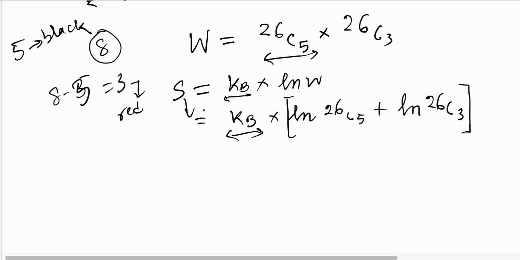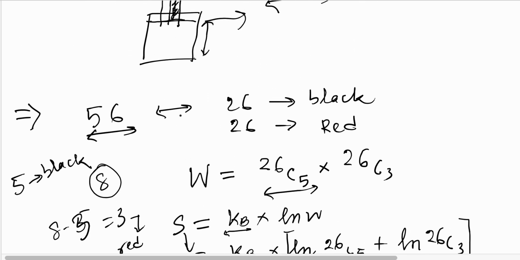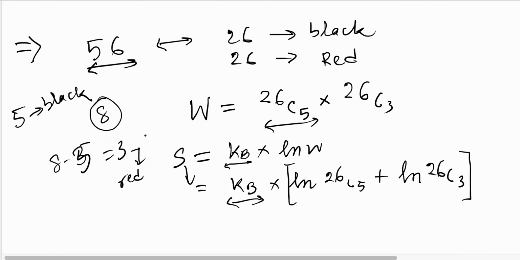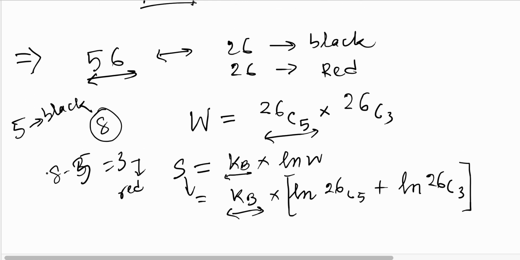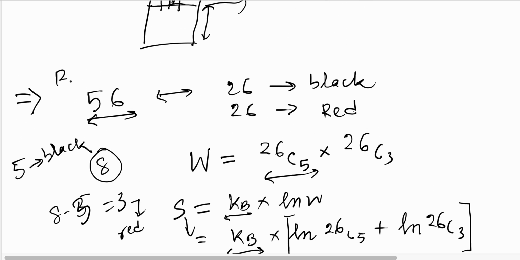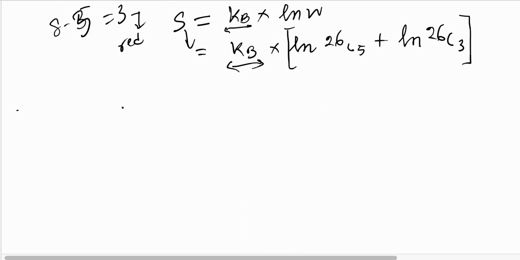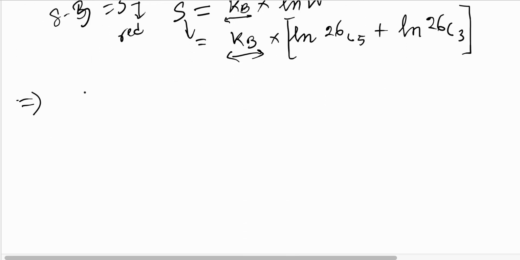Now I will show another way, the Shannon way of calculating this entropy. That was the Boltzmann entropy; now there is another way, called Shannon entropy. In Shannon entropy, we need the probabilities.